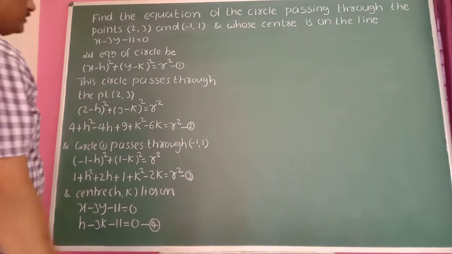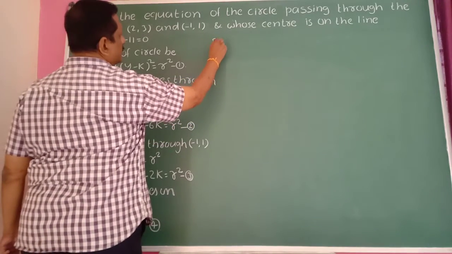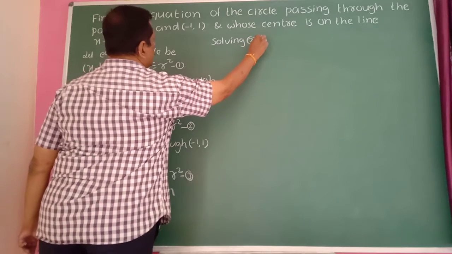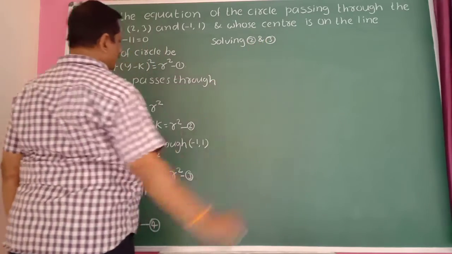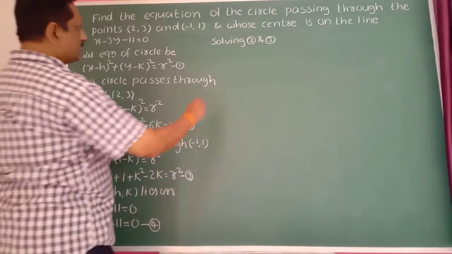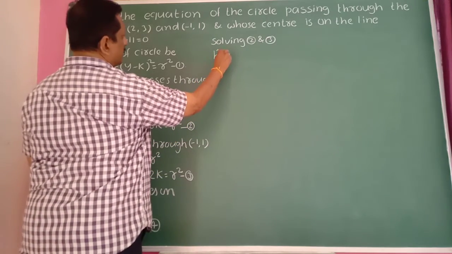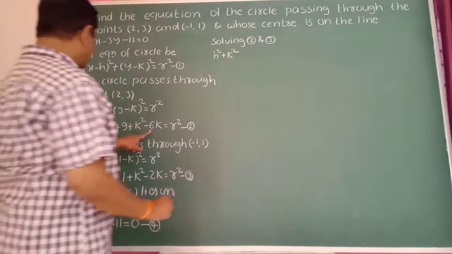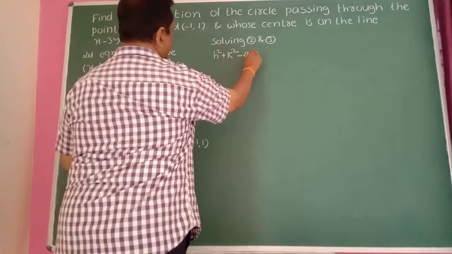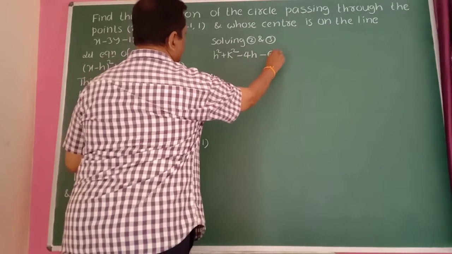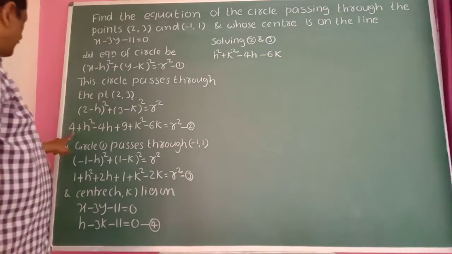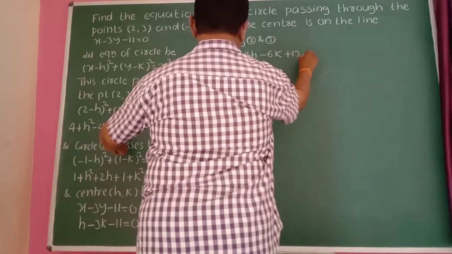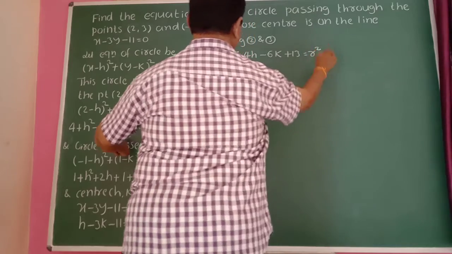Then solving equations 2 and 3. Therefore h square plus k square minus 4h minus 6k, and 4 plus 9 becomes 13, plus 13 is equal to r square.